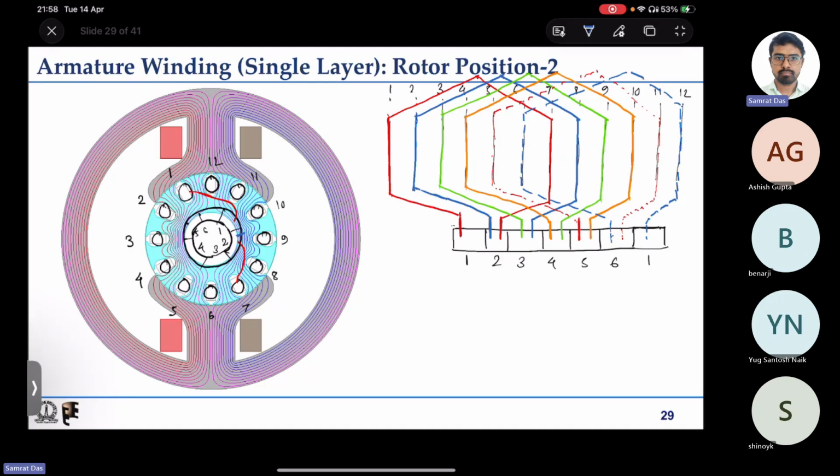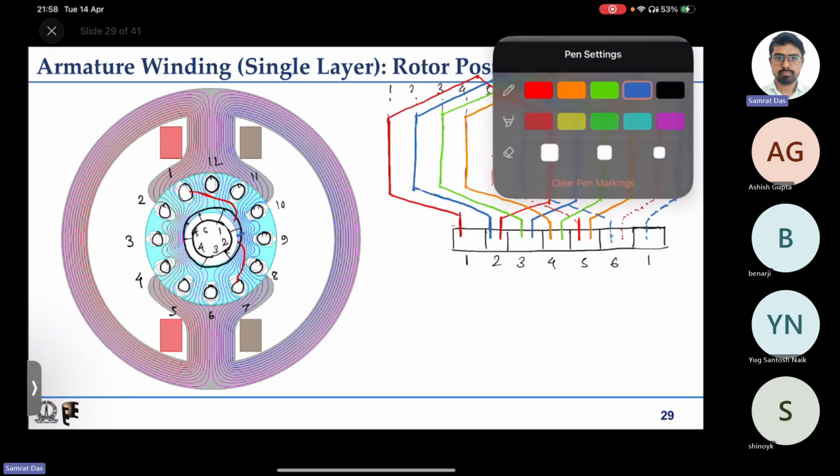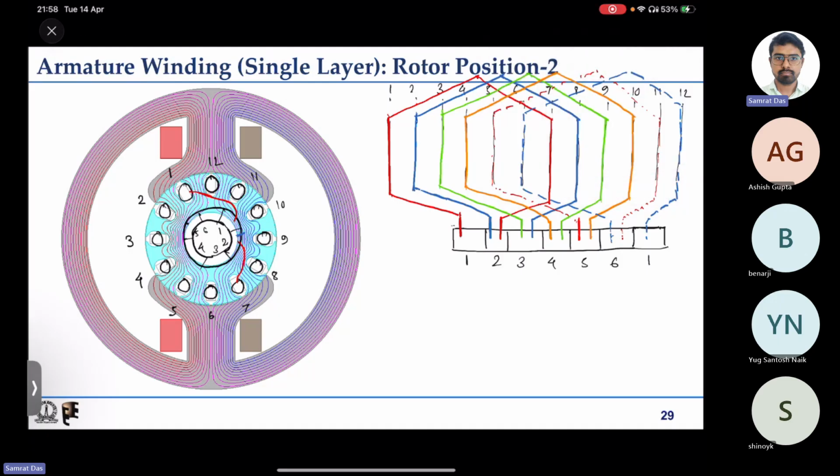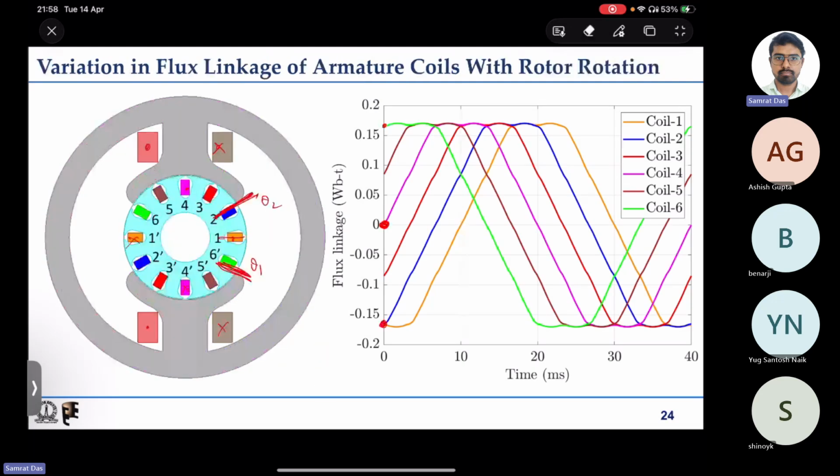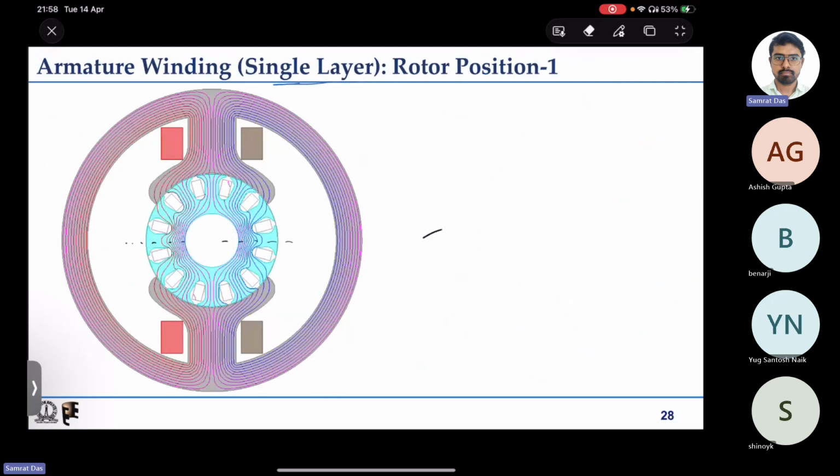Actually, I think the earlier nomenclature was only correct, otherwise the flow does not come of the winding.